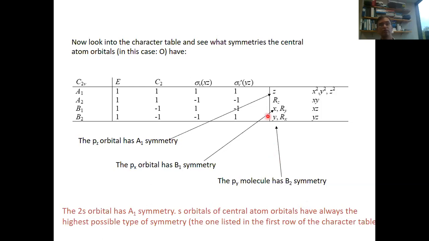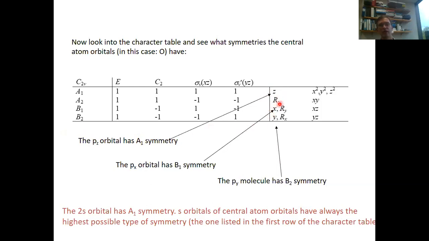For that reason, it has the symmetry type of a linear function of z, which we can find here in this column by the symbol z within the character table. That means that our 2pz orbital is A1 symmetry.